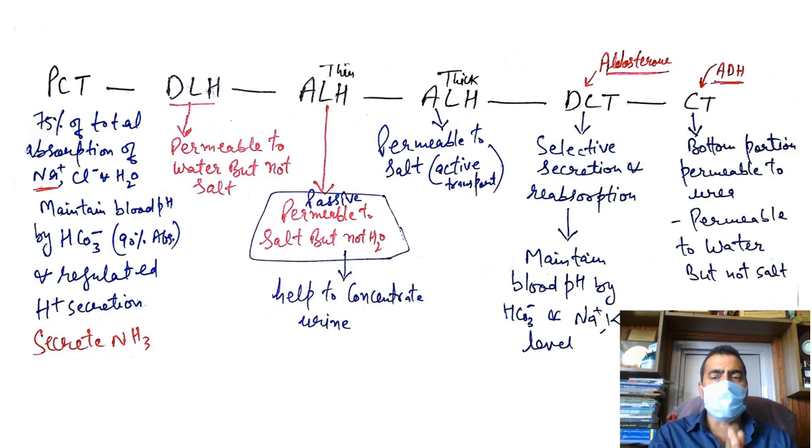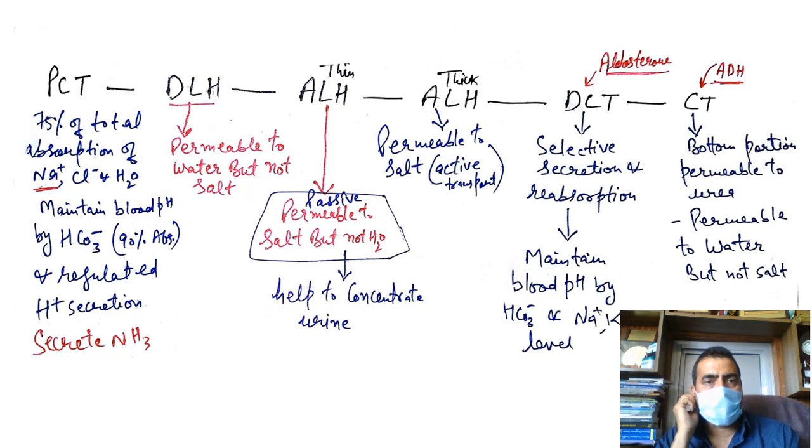The pH is different in urine, saliva, gastric juices and intestinal juices. So the PCT is responsible for maintaining blood pH by sodium bicarbonate, and it also regulates other secretions; ammonia secretion also takes place here.